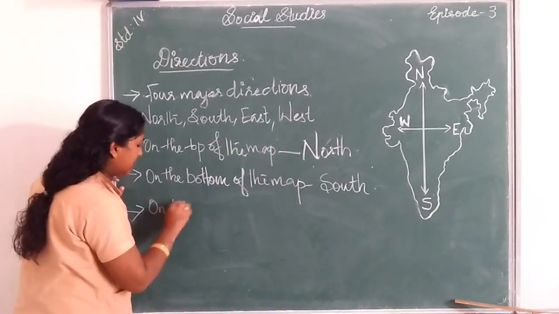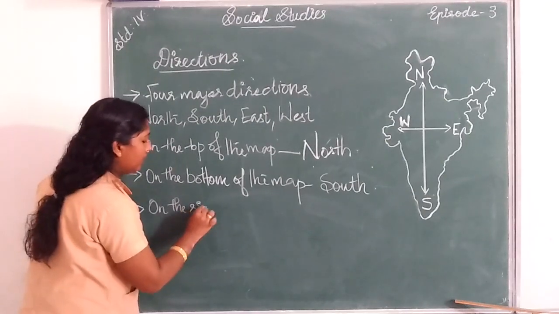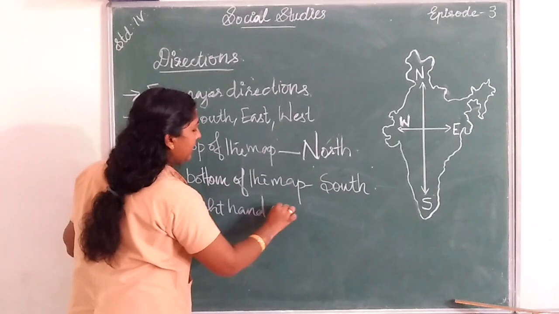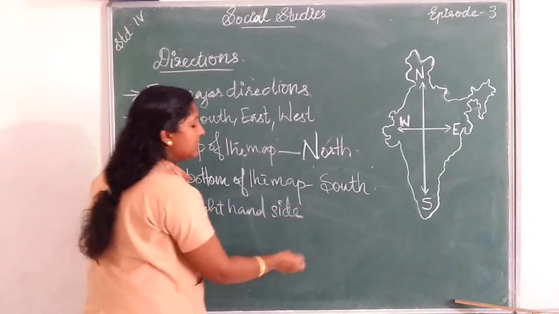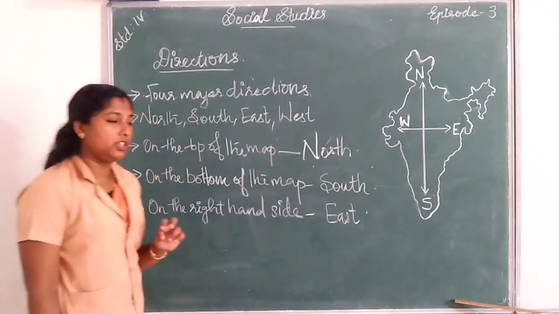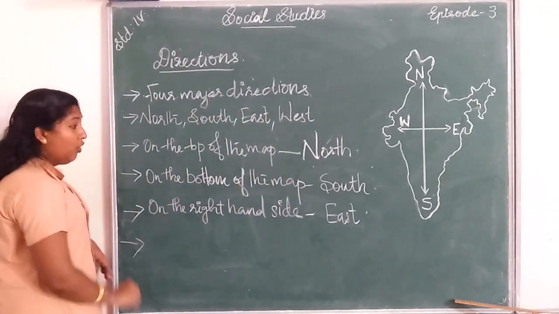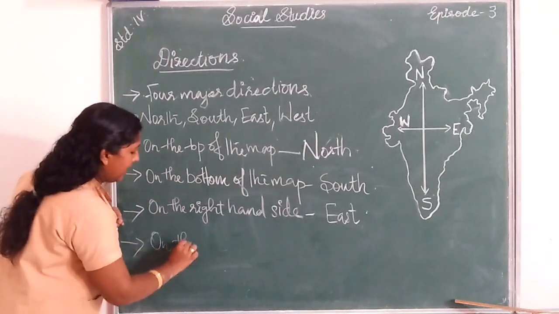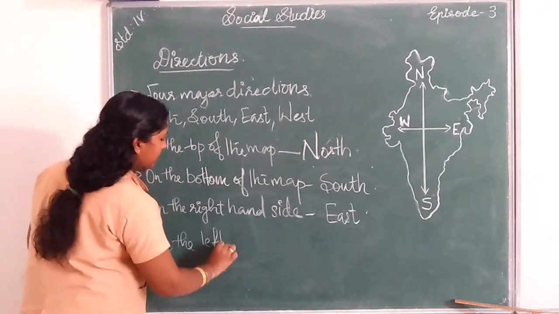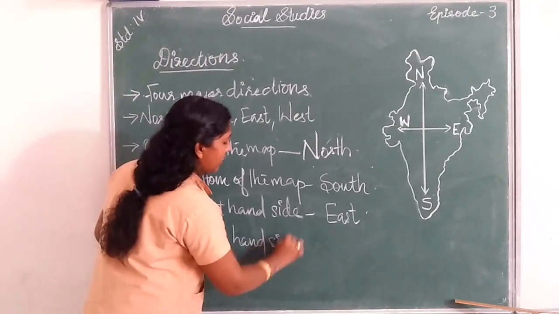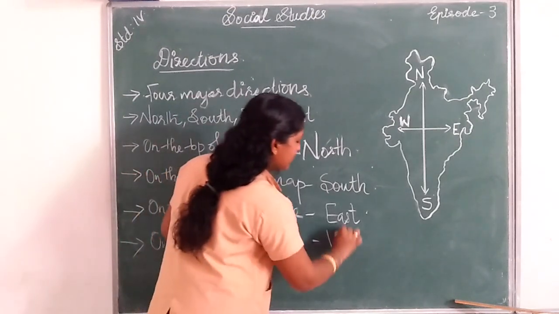On the right hand side is the east direction. Then on the left hand side is the west direction.